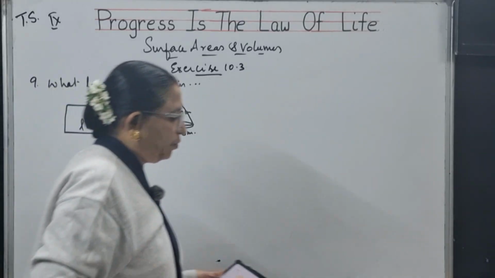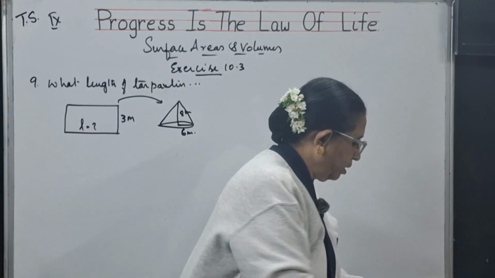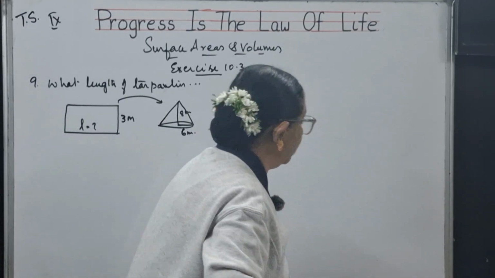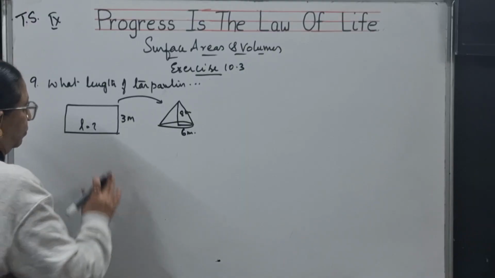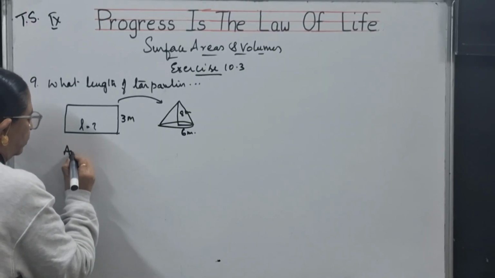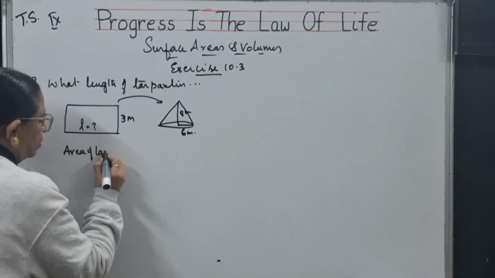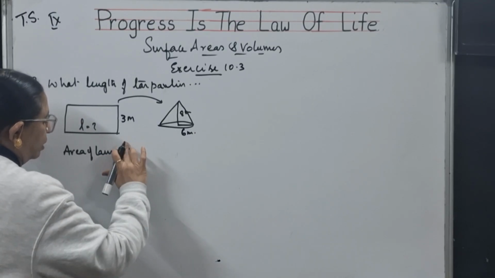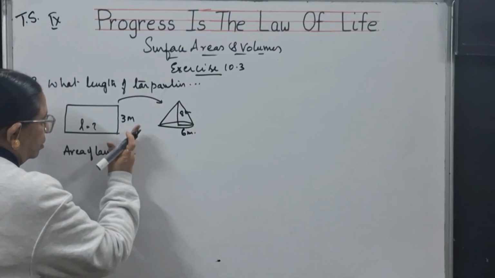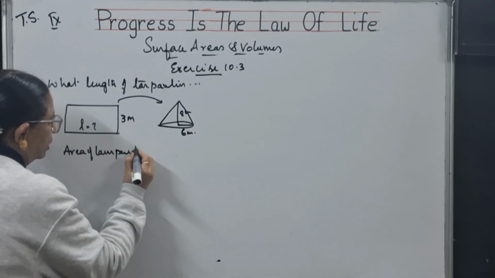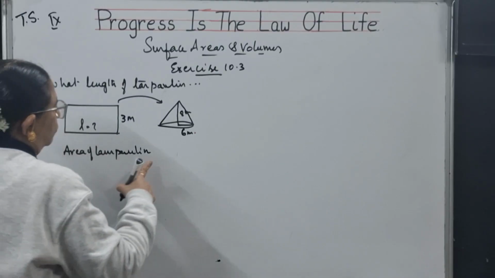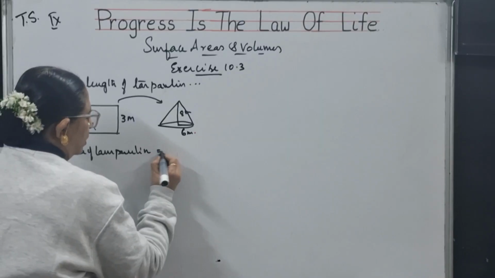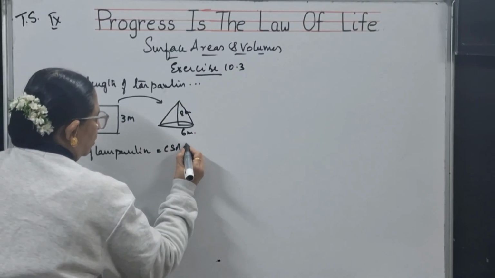So now you have to find out the length of this. To find the length, first we know the area of tarpaulin. For this area of tarpaulin, they have taken some extra length, that we will discuss about. This is nothing but CSA of cone.